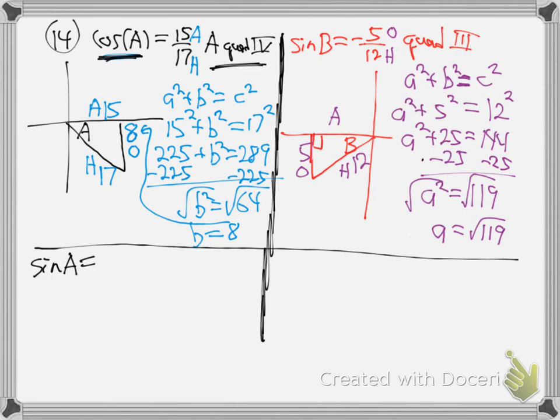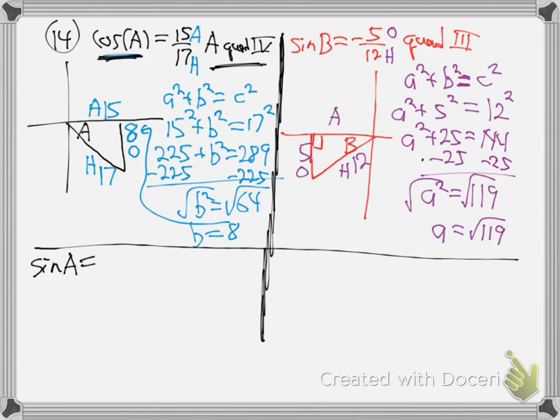Why am I doing this right now? Because then I'll put them all together to be able to use those formulas. So let's find cosine, sine, and tangent for A. Let's find sine, cosine, and tangent for B. They're different angles, different triangles, different quadrants. I want to find sine, cosine, and tangent for A, and sine, cosine, and tangent for B.